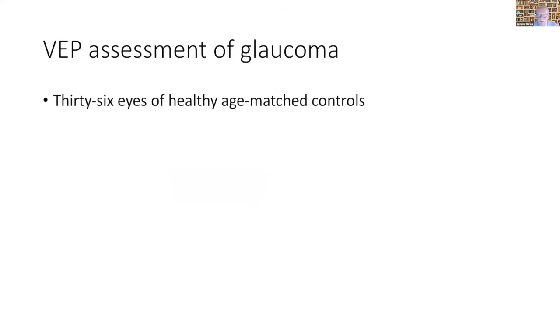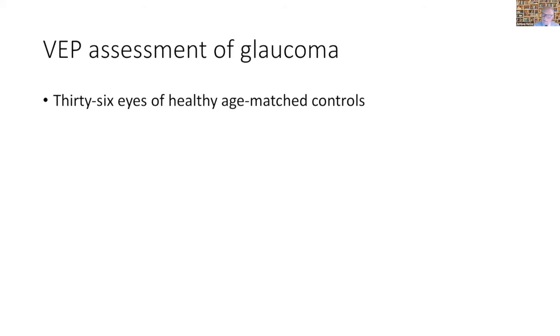So I'll illustrate what we're doing with glaucoma as an optic nerve disease, and we hope to be able to make exactly these same measurements in patients with optic neuritis. And one of the nice things is that we'll be able to use the same control participants.